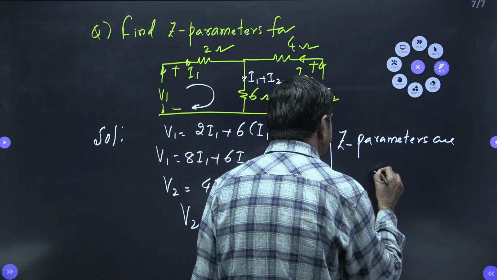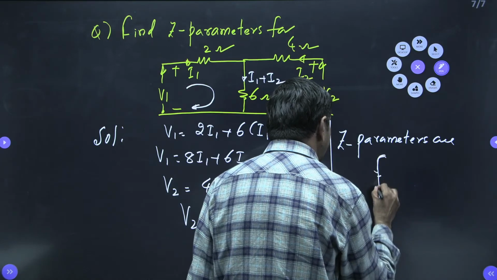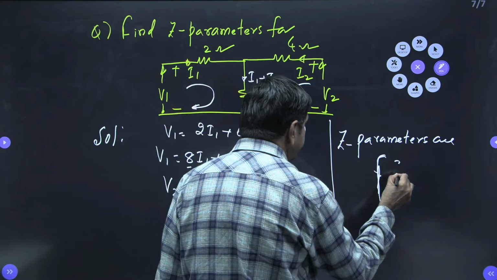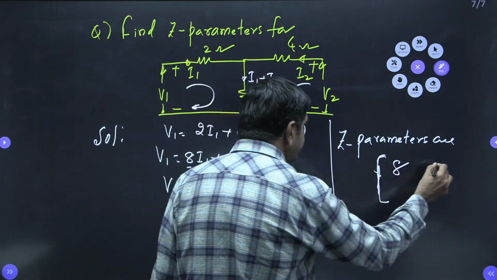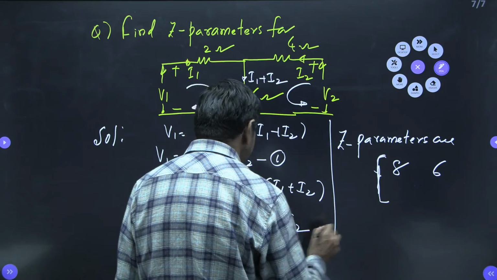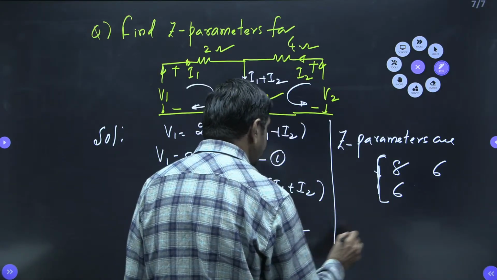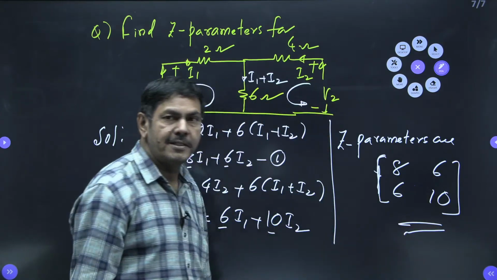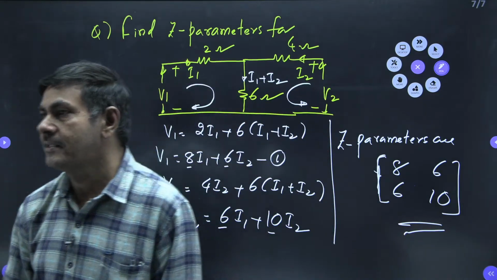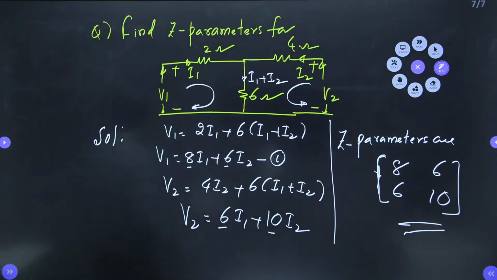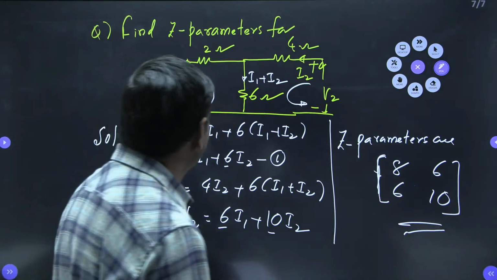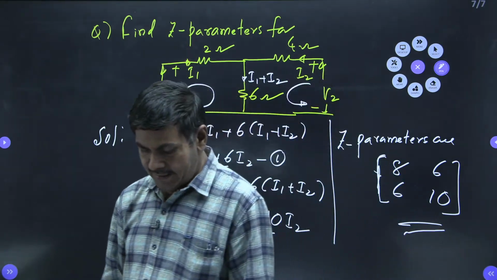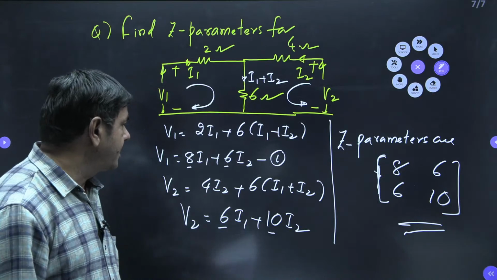Z11 is nothing but 8, Z12 is nothing but 6, Z21 is nothing but 6, Z22 is nothing but 10. These are all Z parameters. In mobile communications, mostly we are going to use Z parameters. Understand my point now. Anyhow, we got the values 8, 6, 6, 10 only now.